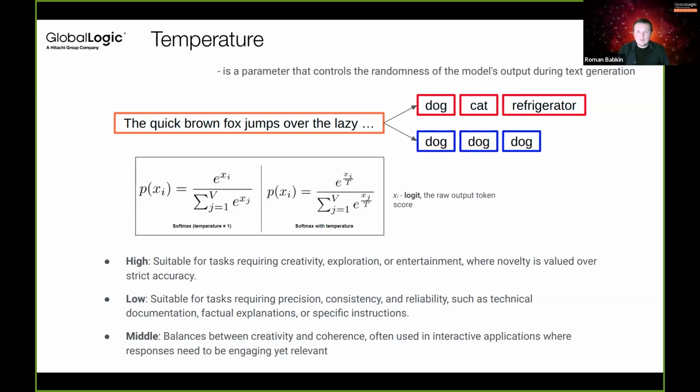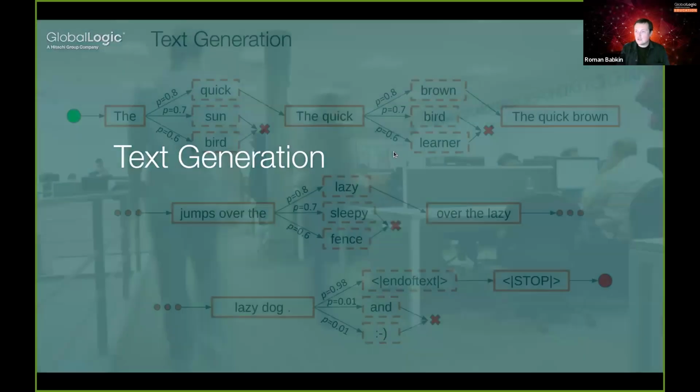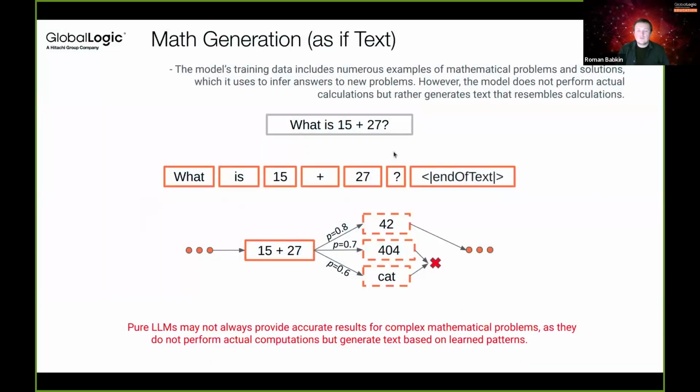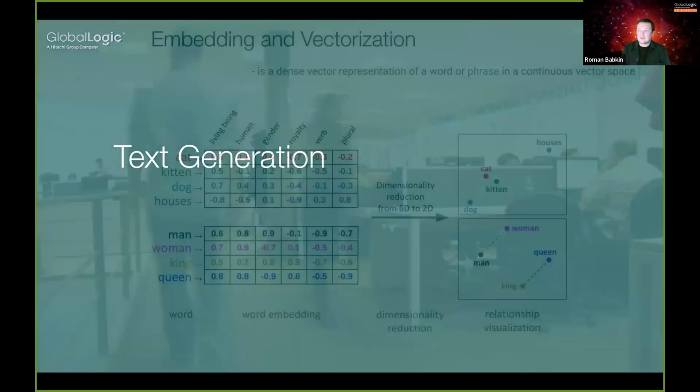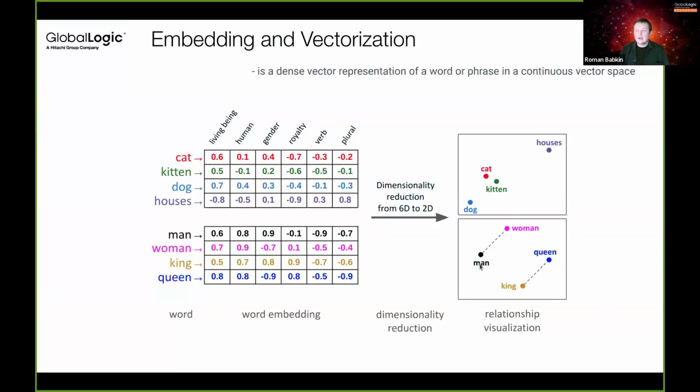So the vector of 15 plus 27 is very close to the vector of 42, and that is why it predicts that as the answer. Yes, right. However, it doesn't go directly to this vector space and search for similarity. It has some formula behind it. It considers the distance between words for sure.